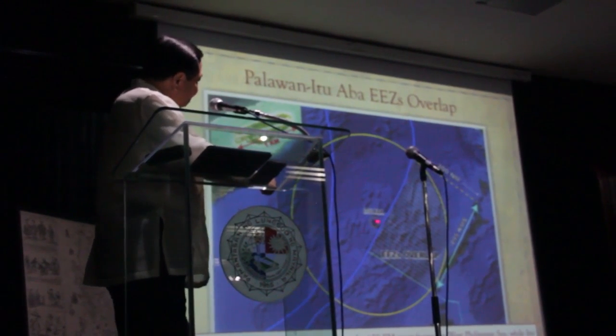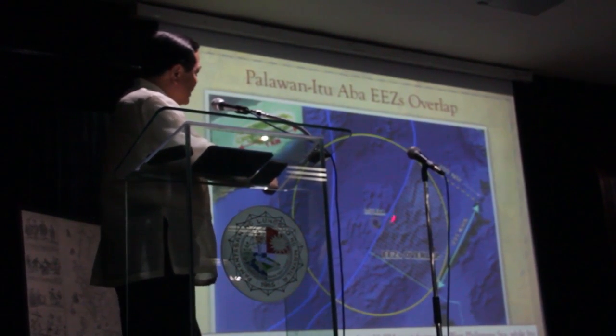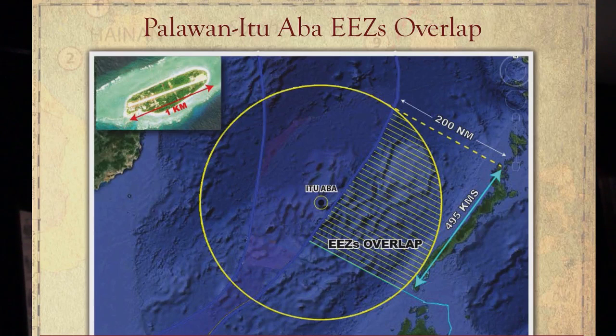Assuming that Itu Aba is capable of human habitation, it will be entitled to a 200 nautical mile zone around it, and it will overlap with the 200 nautical mile EEZ of the Philippines. This is the overlap. Now, our coastline in the overlap is 495 kilometers. Itu Aba's coastline in the overlap is only 1 kilometer.